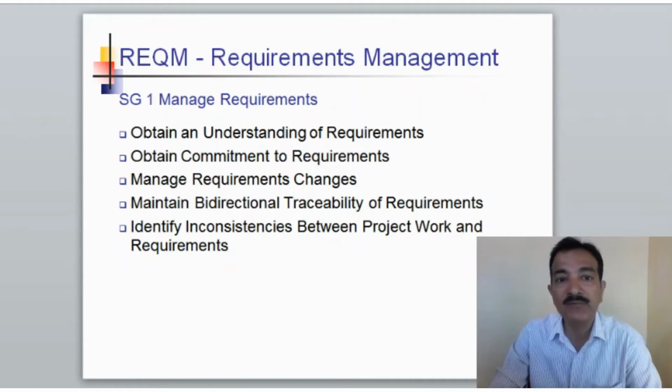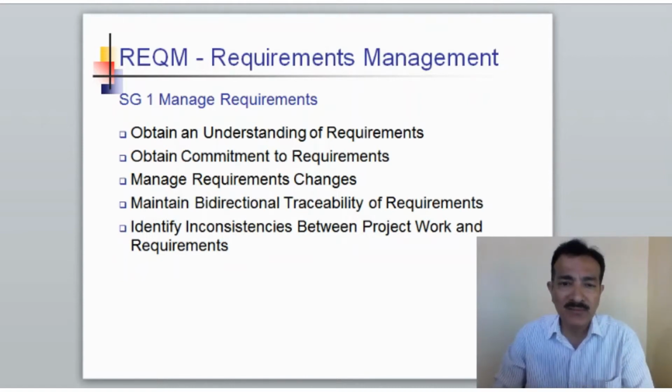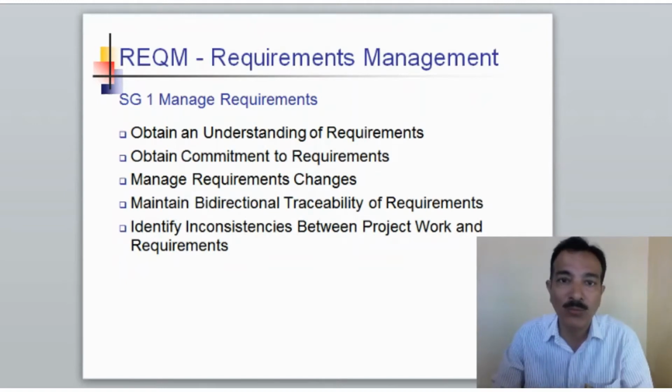The next process is requirement management. In requirement management, you have a specific goal, and you have specific practices like obtain and understand the requirement. To obtain and understand the requirement, you will list out the requirement and you will check with the customer what this requirement means, and how he is going to evaluate to accept this particular requirement.